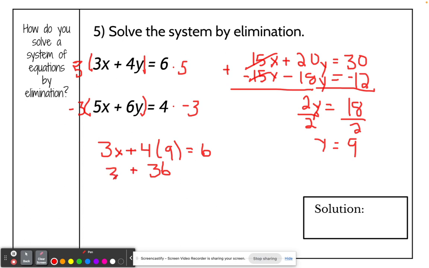So 3x plus 36 must equal 6. Subtract 36 from both sides. Three x equals negative 30.